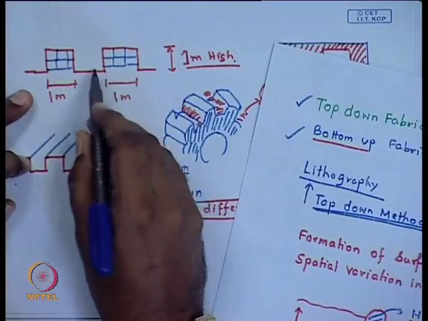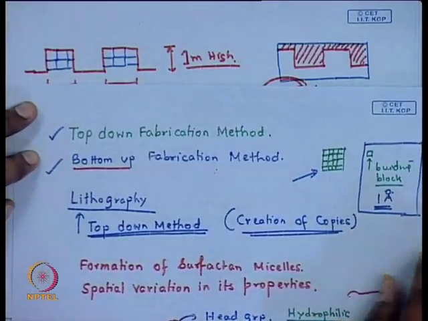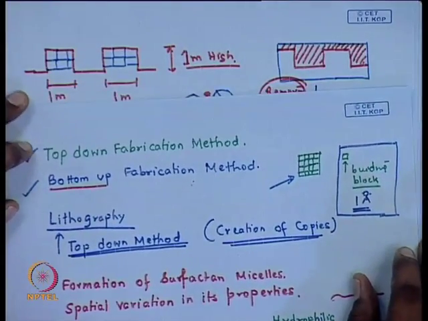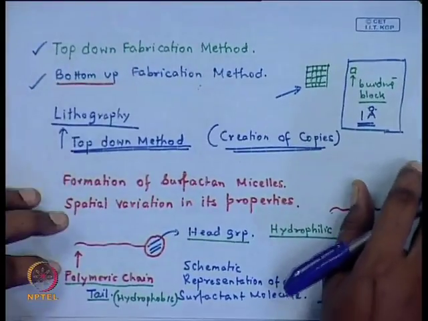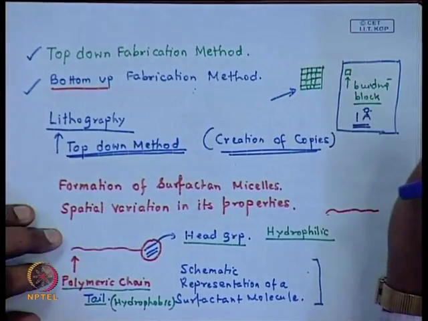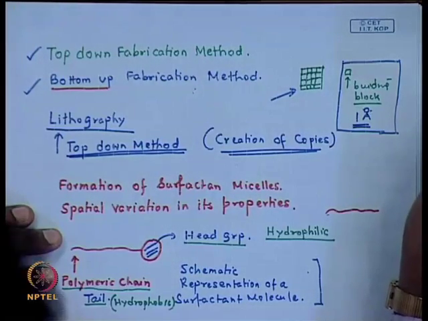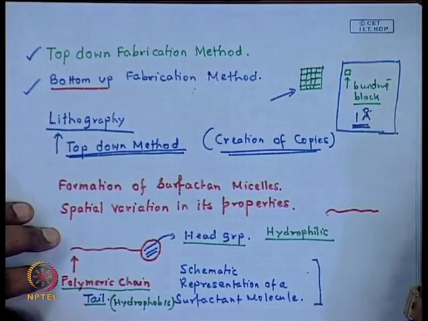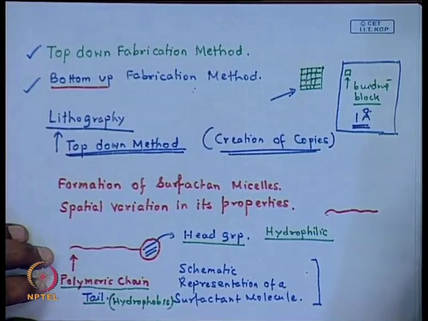Building a structure using bricks, in a way I would regard that to be also a bottom up fabrication method, but then the question is how the bricks were made. Probably they were made by some top down method. At the macroscopic scale, most of the fabrication techniques we use are top down, but the construction of a house which uses individual bricks you can regard as a sort of bottom up fabrication.